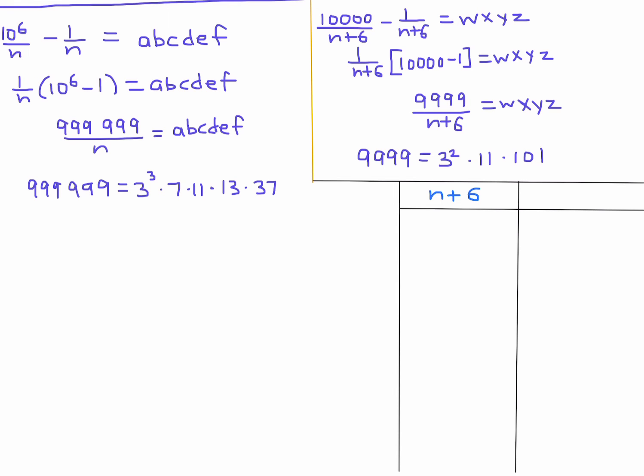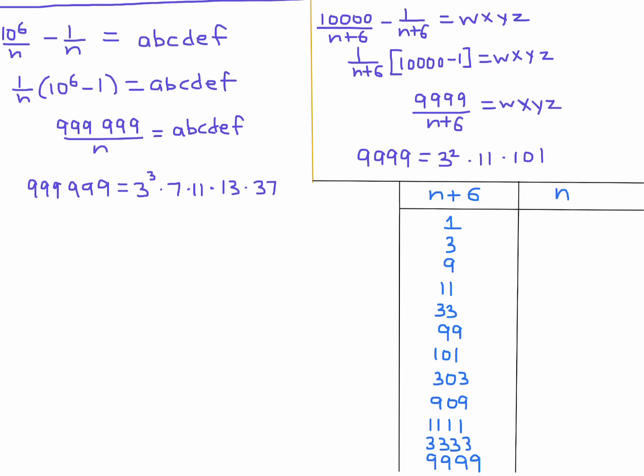The factors look like 1, 3, 9, 11, 33, 99, 101, 303, 909, 1111, 3333, and of course 9999. So there should be 12, right? And we got 12. Okay, good.